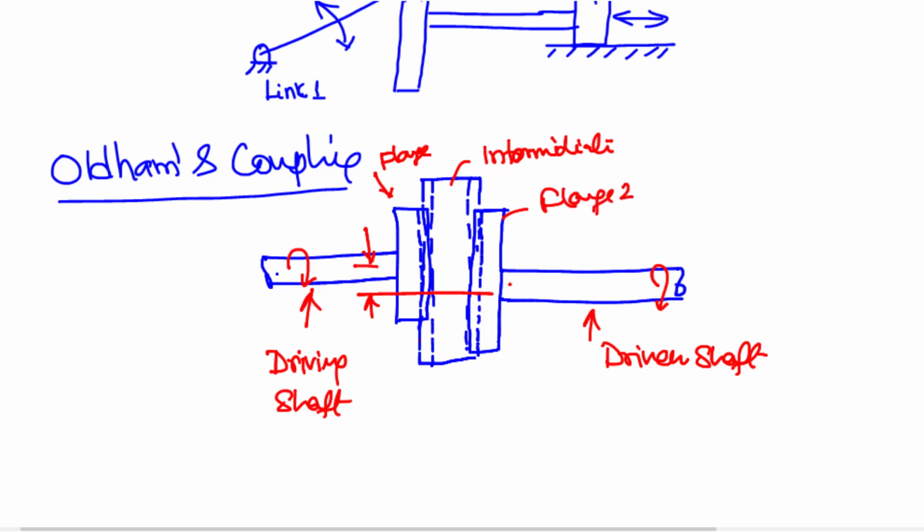So there are two sliders, slider 1 and slider 2, means double slider. So this is Oldham coupling. Okay.